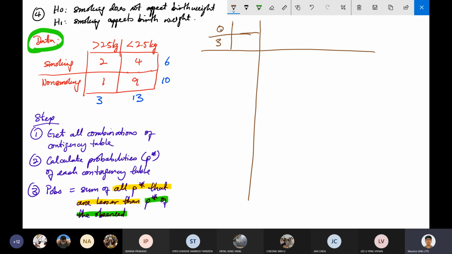Now, if this is 0, what is the number here to get 6? Lengthwise, row number 1, you get 6. It will be 6, right? So here, go down. If this is 6, what number do you have here to get 13? 7. Make sense? Know how this works first or not? Yes. Okay, so let's go to the next one.